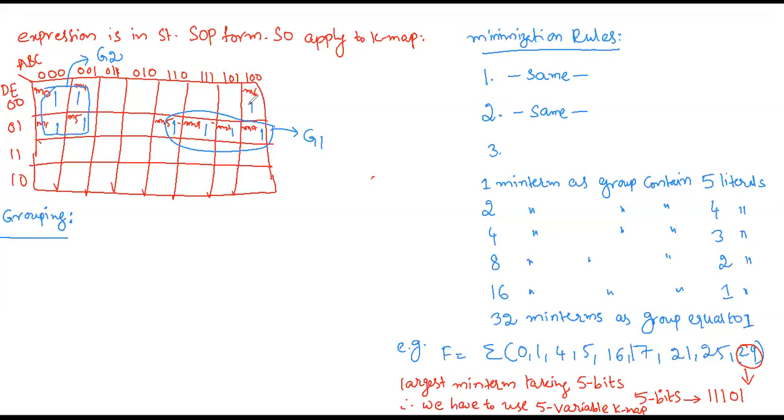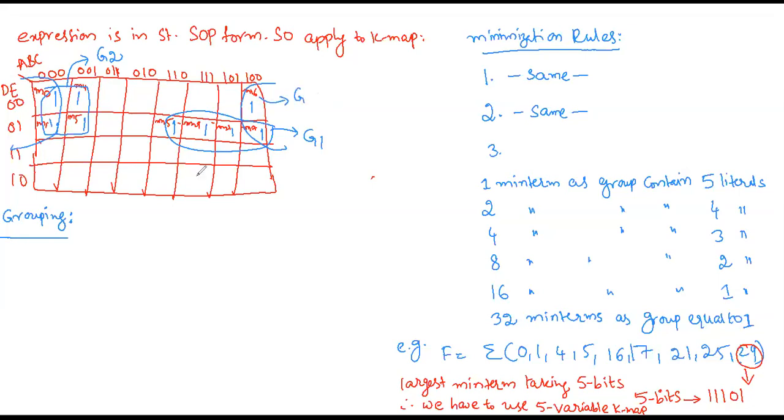So what we do: if there is a chance of increasing the size by sharing the minterms of other groups, we need to go with that one. If M16 shares one minterm in G1 and two minterms in G2, we can form a bigger group with four minterms.